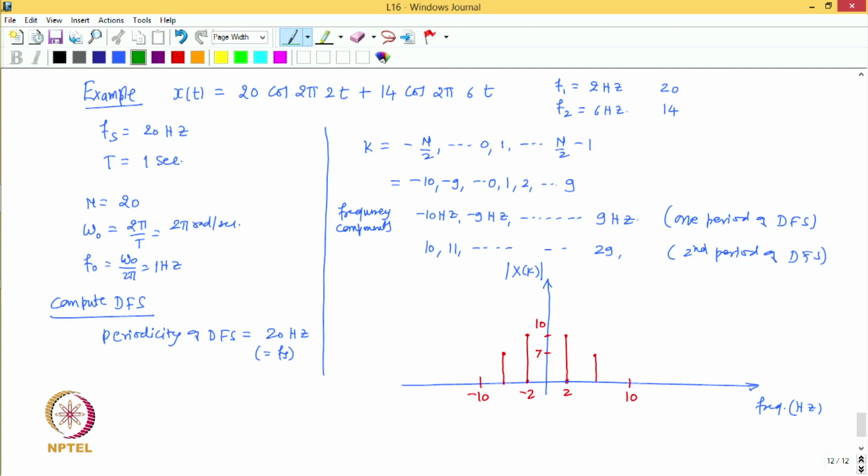Let me extend the axis further like this, and let me show this is now 30 hertz. Now we are going to have a component here corresponding to 6 hertz. This component is of course a repetition, so this will be at a higher frequency, and then we have a spectrum like this.